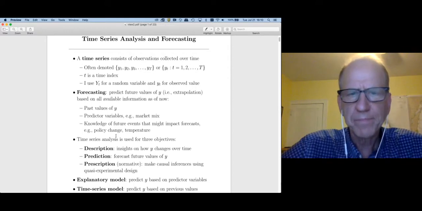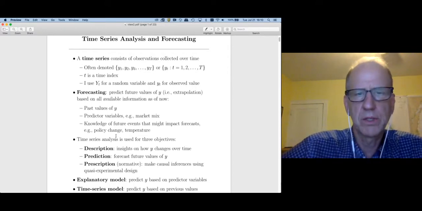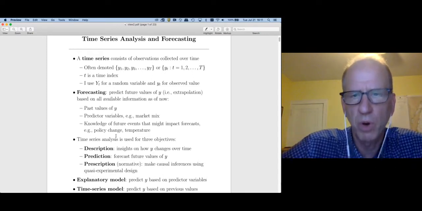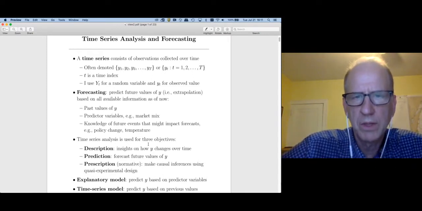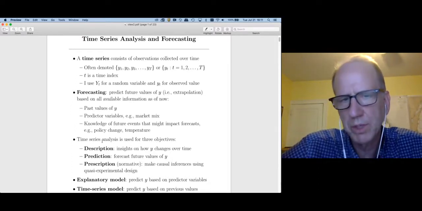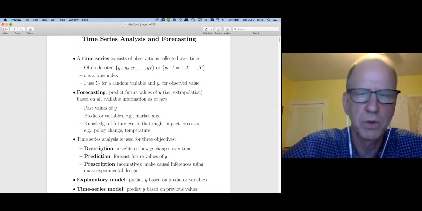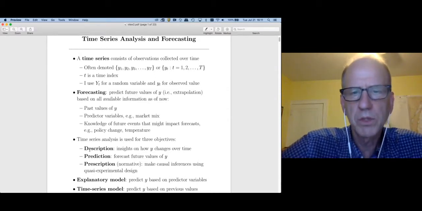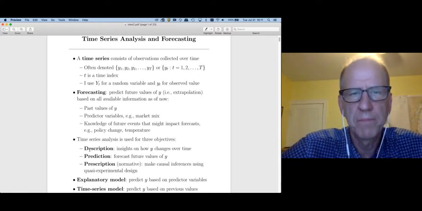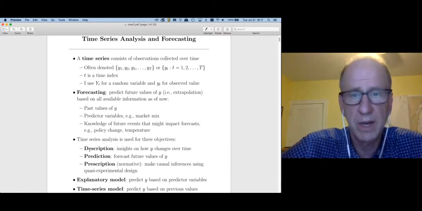Time series analysis, on the other hand, I think of as slightly broader. There are three main things that I may be doing with a time series analysis: description, prescription, and prediction. I got those out of order, but you know what I mean. Description just means I want to be able to describe how Y changes over time.